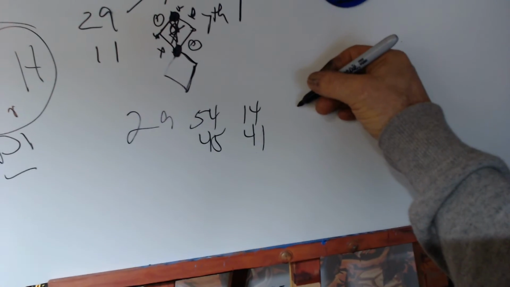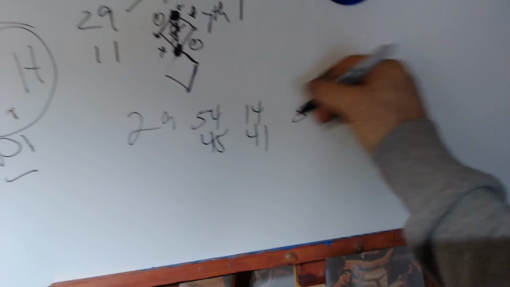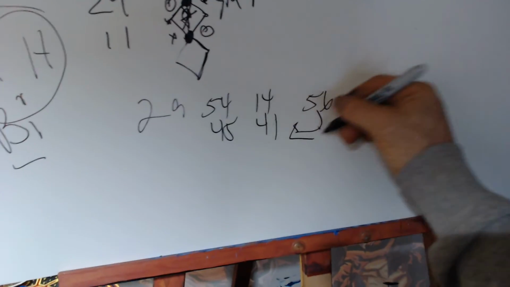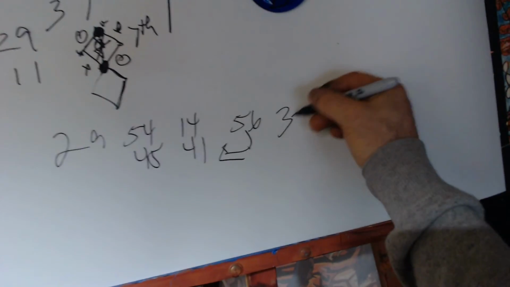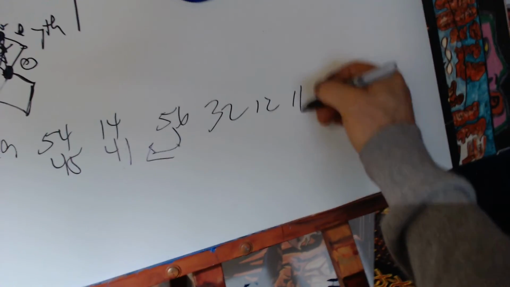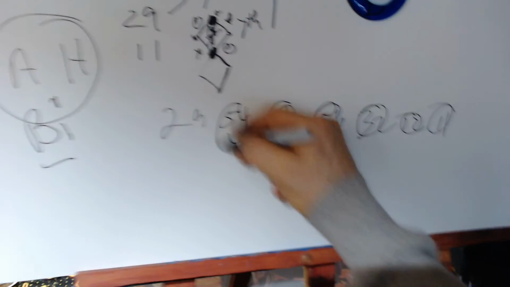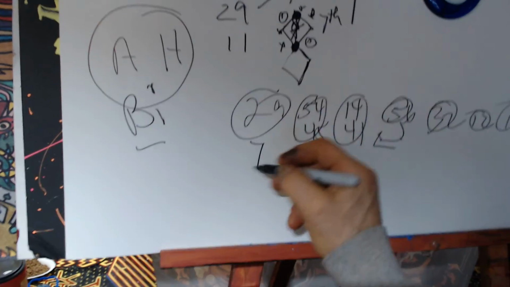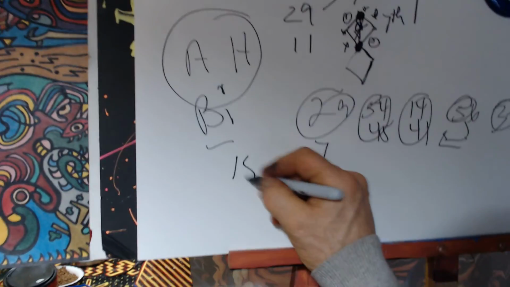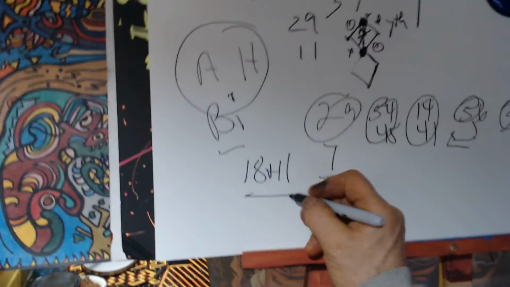And then 56 gets me to this one here, to 32, to 12, to 11. So 1, 2, 3, 4, 5, 6 brings me to the 7th, and the 7th one is going to create me the 8th and the 9th, the heavens in the birth.